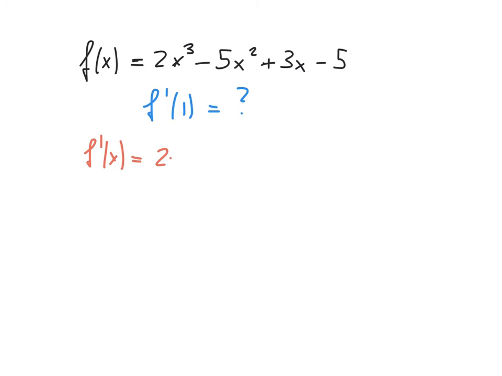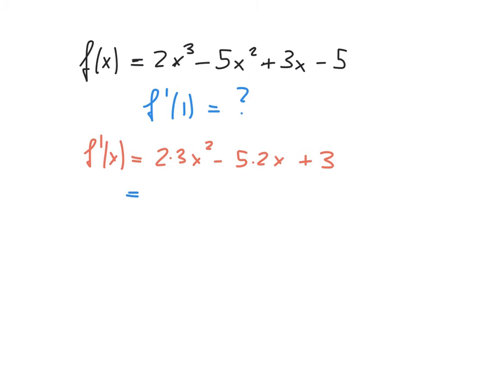So this would be 2 times 3x squared minus 5 times 2x, right, plus 3. Here again the constant term just vanishes. Okay, so let's simplify again.